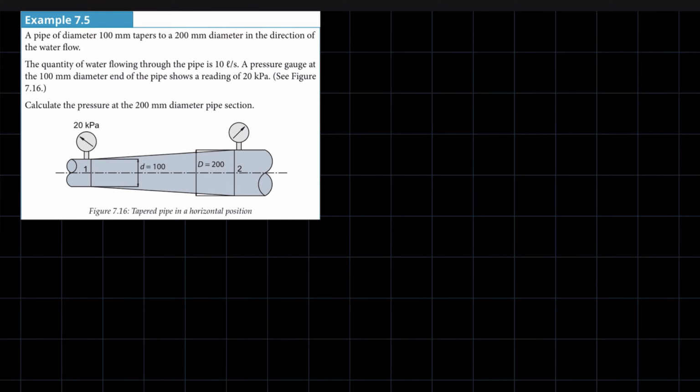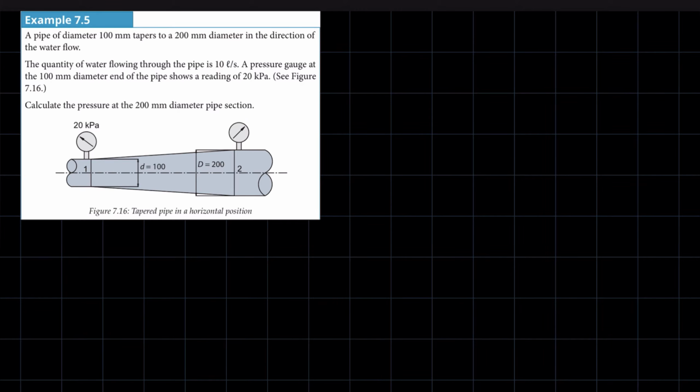We use it when considering losses for horizontal pipes, as well as a problem based on the flow of water through two reservoirs. We also look at the application of Bernoulli's in measurement of flow, through an orifice as well as through a venturimeter.